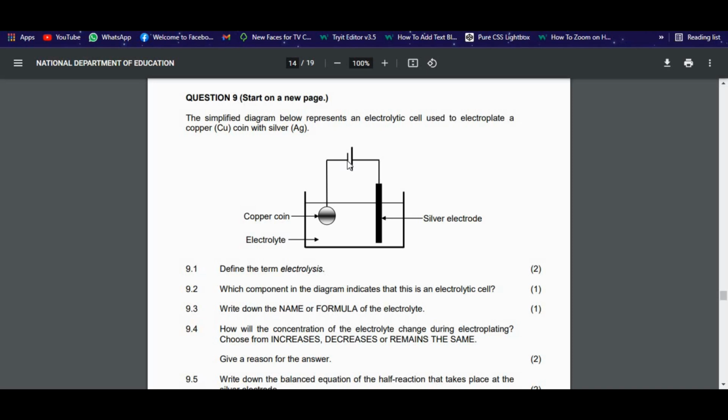Which component in the diagram indicates that this is an electrolytic cell? Any takers for that one? Quick, one more question there. Which component? In the diagram? The cell or the battery?